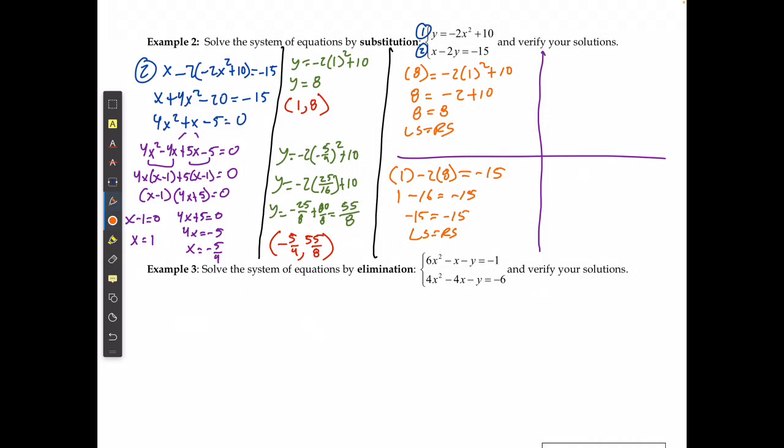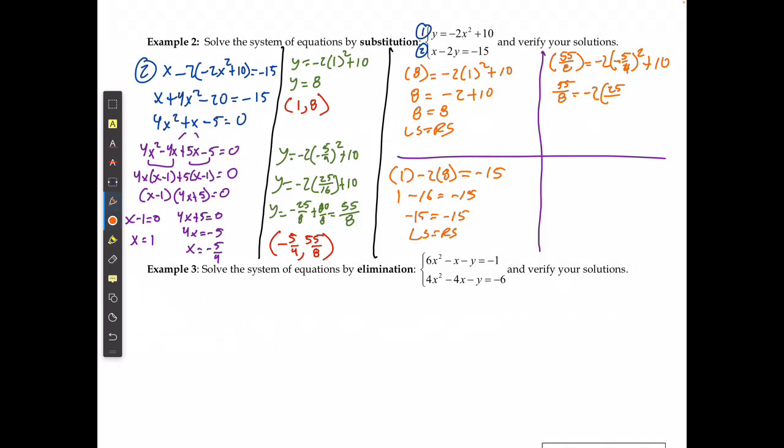I take my second set, which are the fractions, and I'm going to substitute in and say that, well, if I have 55 over 8 is equal to negative 2 bracket negative 5 over 4 squared plus 10. Then 55 over 8 would equal negative 2 and 25 over 16.